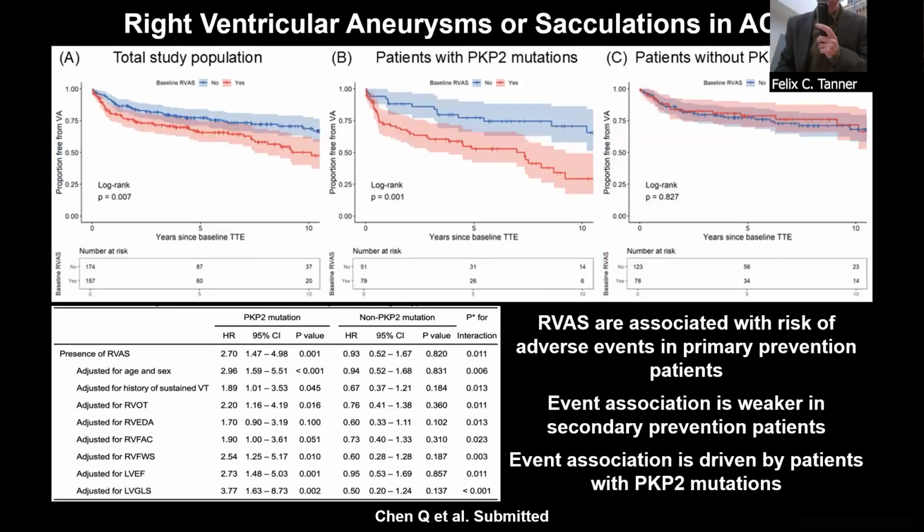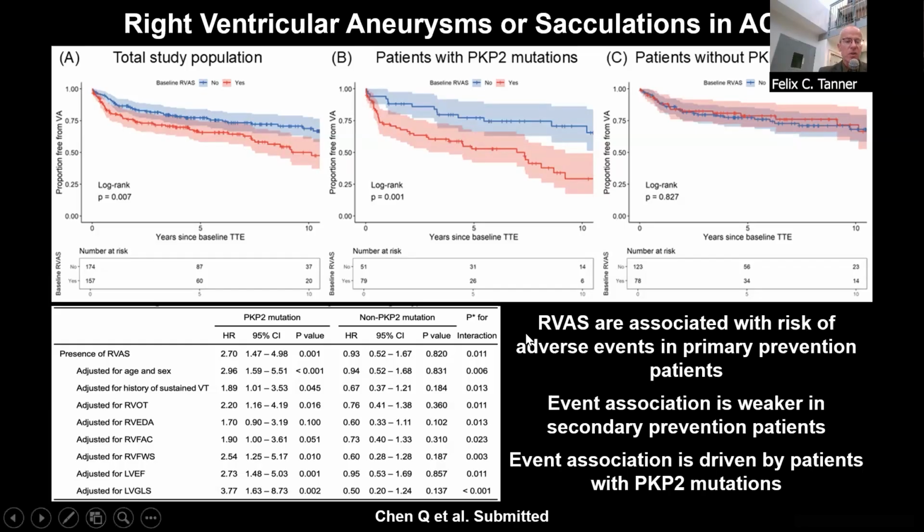And when you look at the risk association of the presence of these sacculations, there is some association with the risk for ventricular arrhythmia. That's clear. But this is particularly pronounced in patients with PKP2 mutation. And in the others, the non-PKP2, there's not so much of an association. So the genotype in this regard, in terms of the sacculation, seems to be very important.